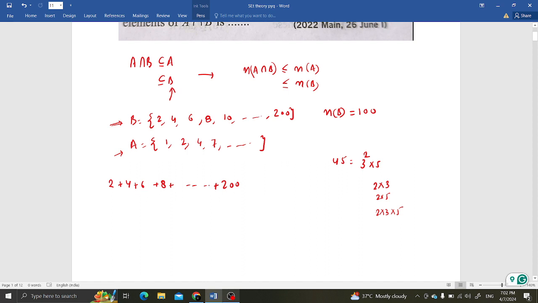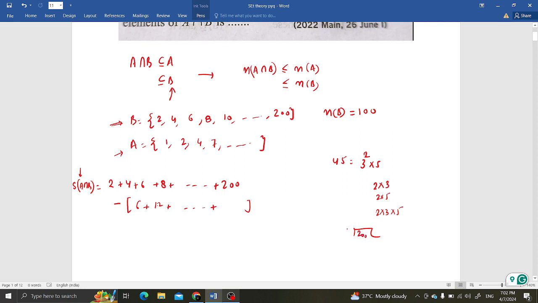2 plus 4 plus 6 plus 8 up to 200, this is the total sum. I will represent it as the sum of all the elements of A intersection B. So 2 plus 4 plus 6 plus 8 up to 200, minus, I need to subtract all those elements which are multiples of 6: 6 plus 12 up to so on, plus the last element.